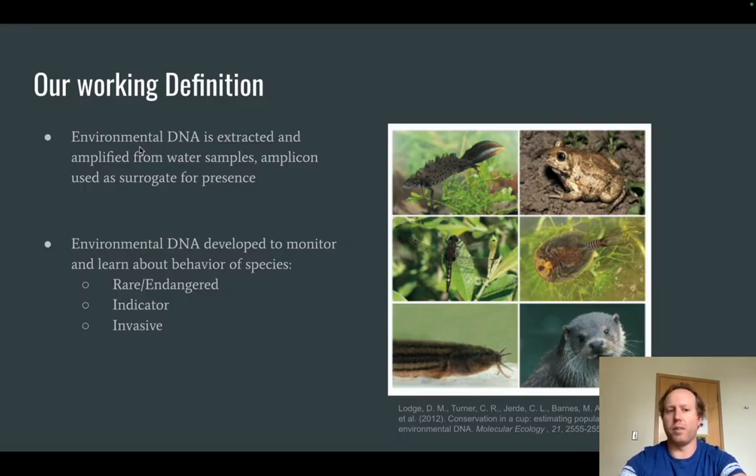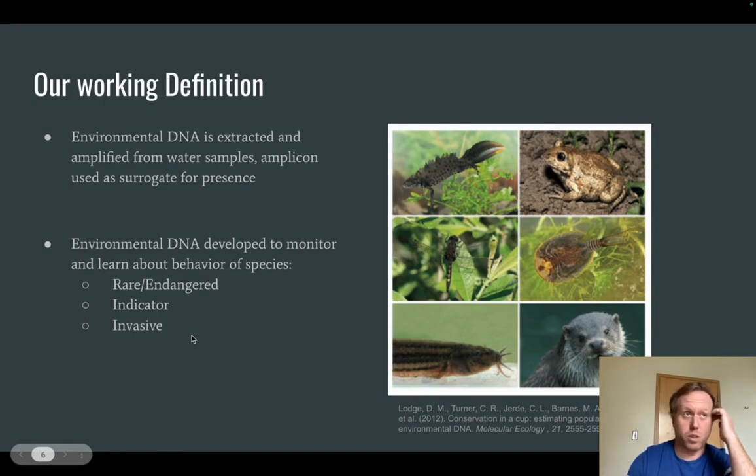Those two things gave us a working definition of what environmental DNA is: it's extracted and amplified from water samples, and the amplicon is used as a surrogate for presence. Even to this day, environmental DNA has for the most part been developed to monitor and learn about the behavior of species in the context of rare and endangered, indicator, and invasive species.